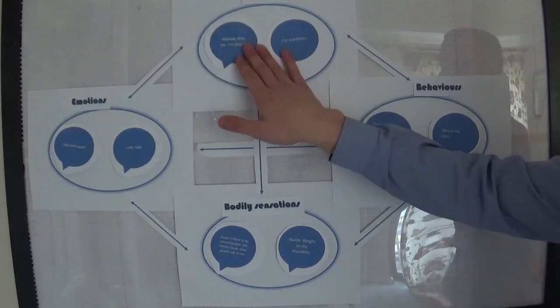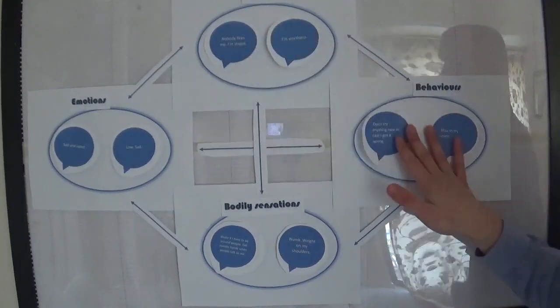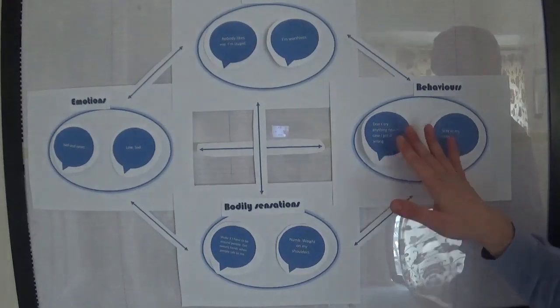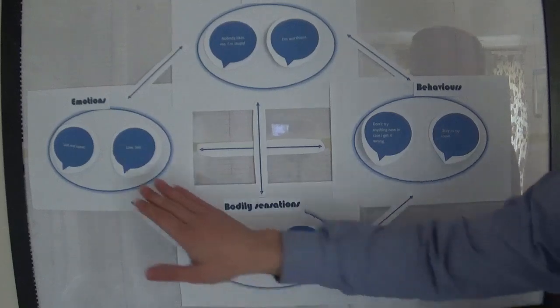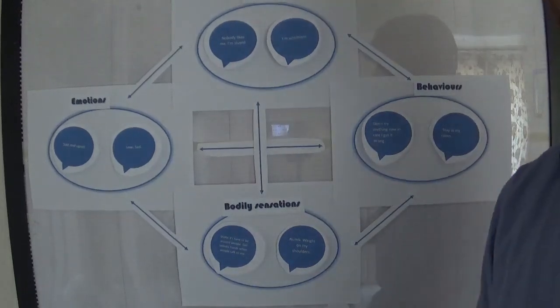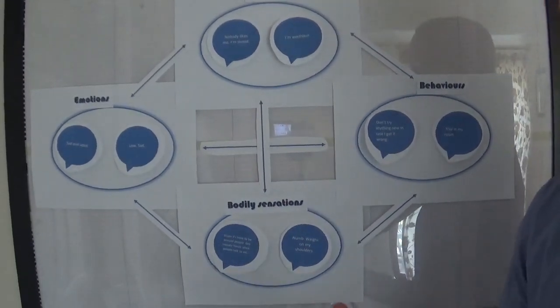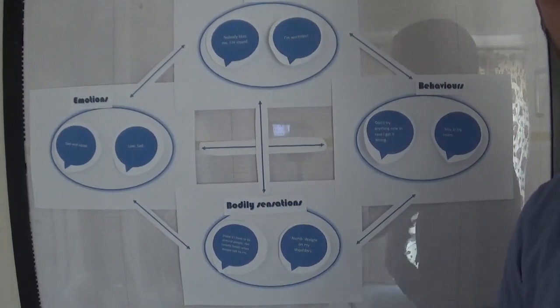Then you can record what the thoughts are that you're experiencing, what you do in that situation, what goes on in your body that you notice, and how you feel. Once you've created that, you've got a bit more of an understanding about what's going on for you, then hopefully in the coming videos we can help you to address them, to try and help you feel better.